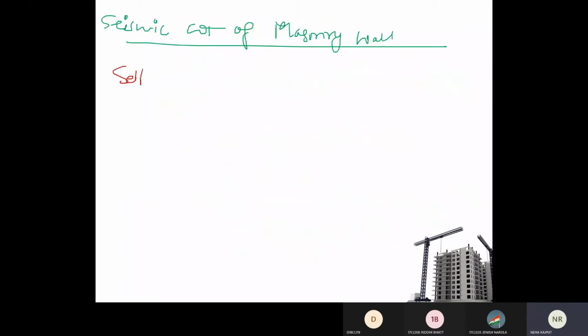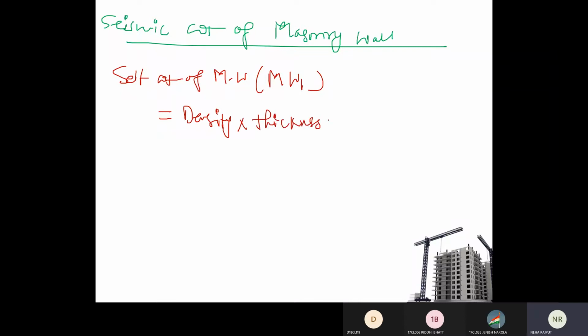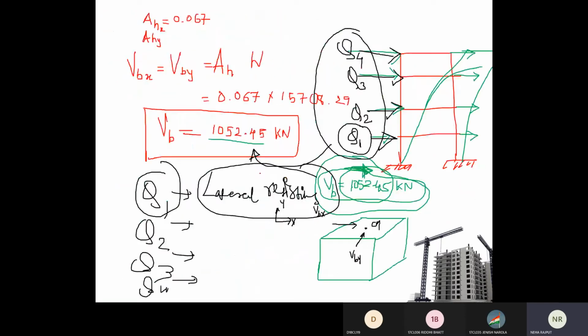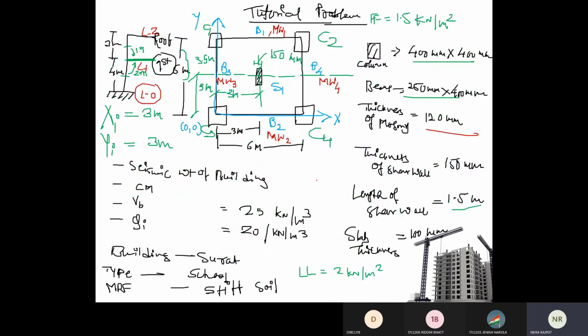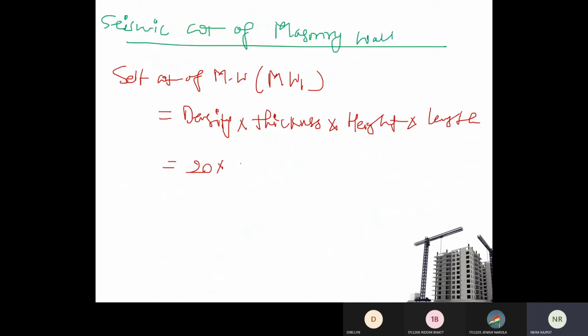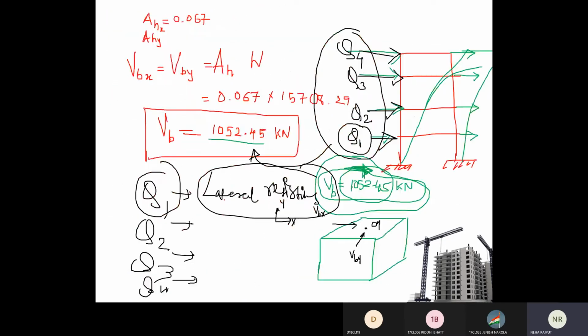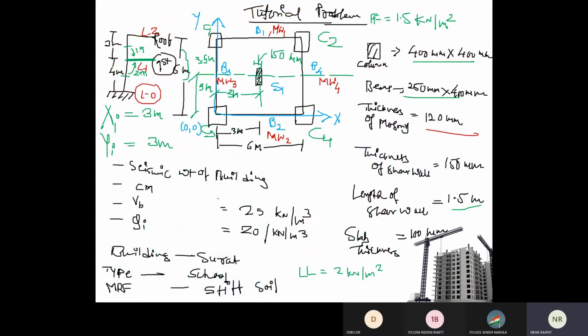So self weight of masonry wall MW1, what is that? Density into thickness into height into length. Let's see, density 20, thickness of wall 120 mm, 0.120. What about the height of masonry?